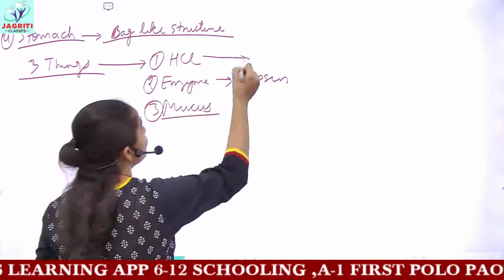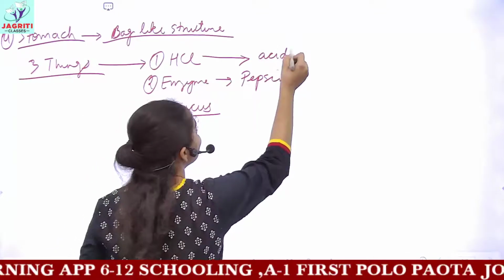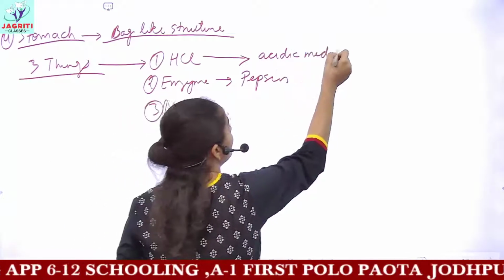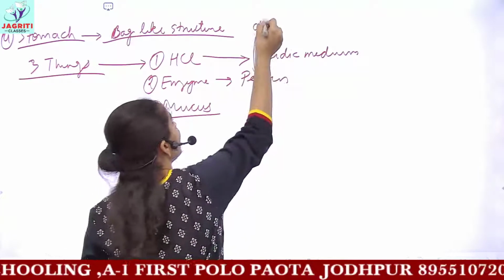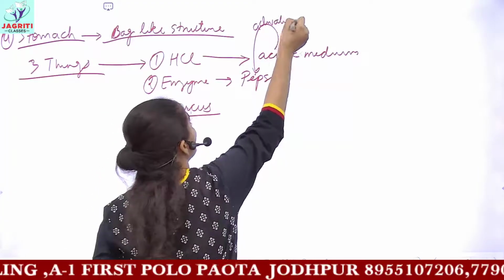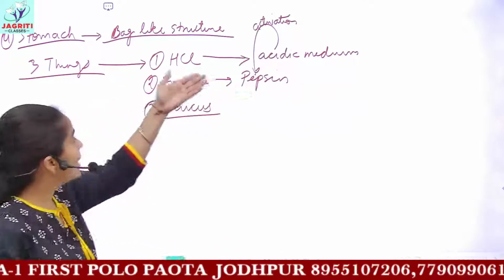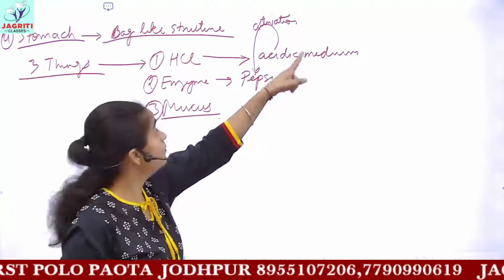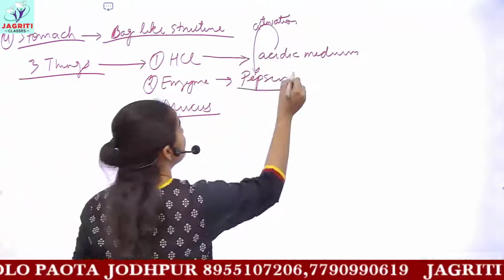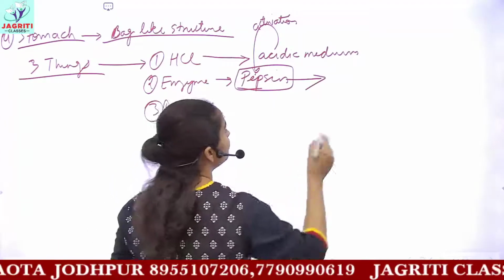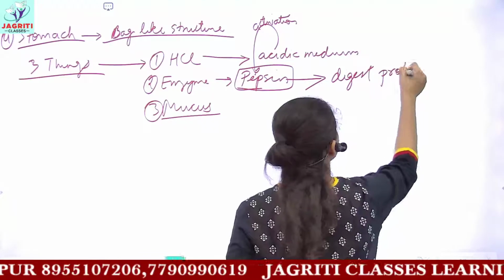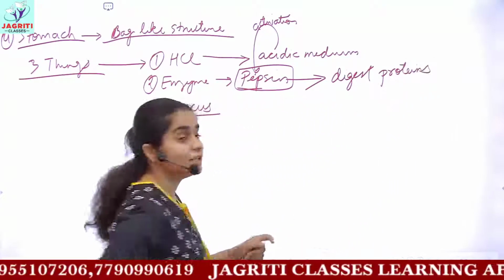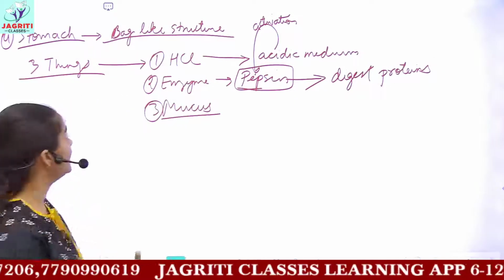The function of HCl is to provide an acidic medium, because this acidic medium is responsible for the activation of your pepsin enzyme. The function of the pepsin enzyme is to digest proteins; it helps in the partial digestion of proteins.